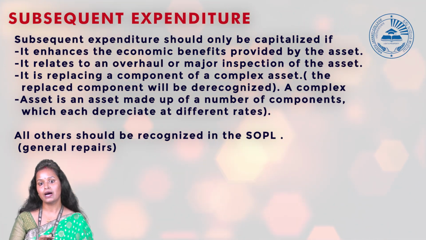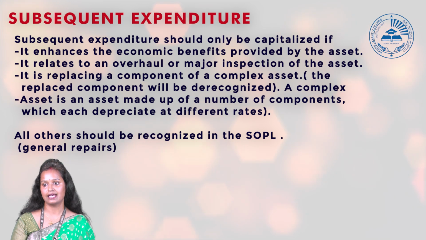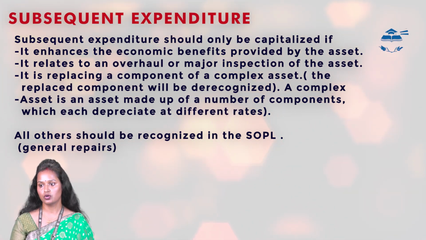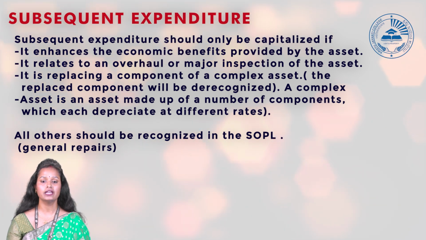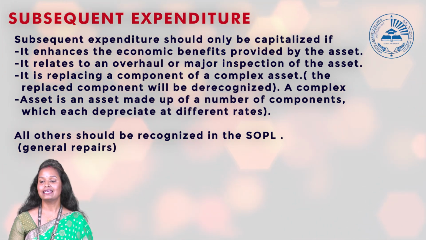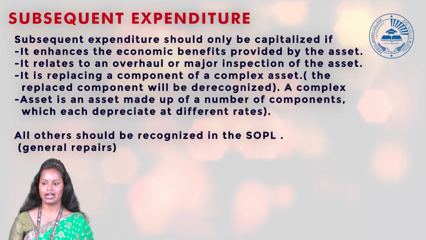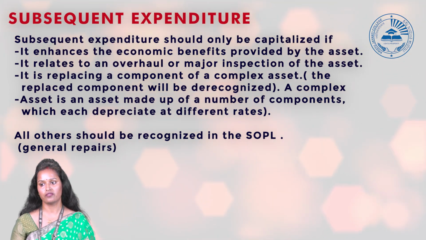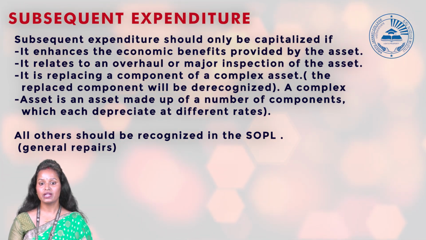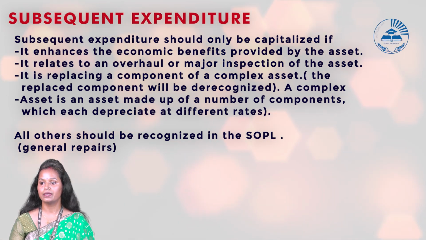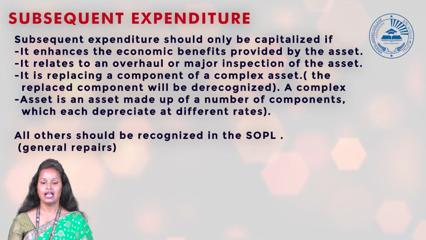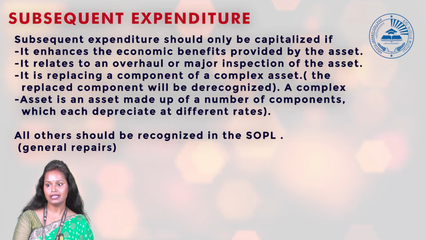If some part of that particular plant is damaged, in that case we can replace only that particular part. So if we are doing any replacement of any part in that existing asset, that replacement cost also will be capitalized. It will not be treated as an expense, as it is going to add to your asset only.